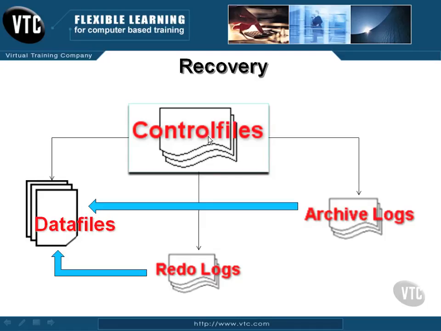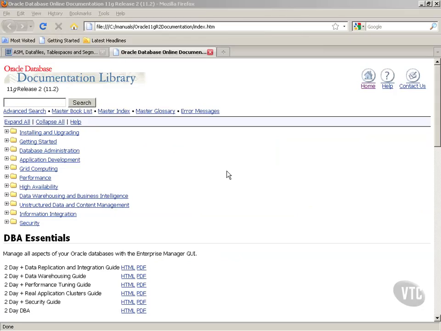This movie has given you more insight into control files and how the control files link with pointers to data files, redo logs, and archive logs, and how the data flows through the system between the data files, redo logs, and archive logs.